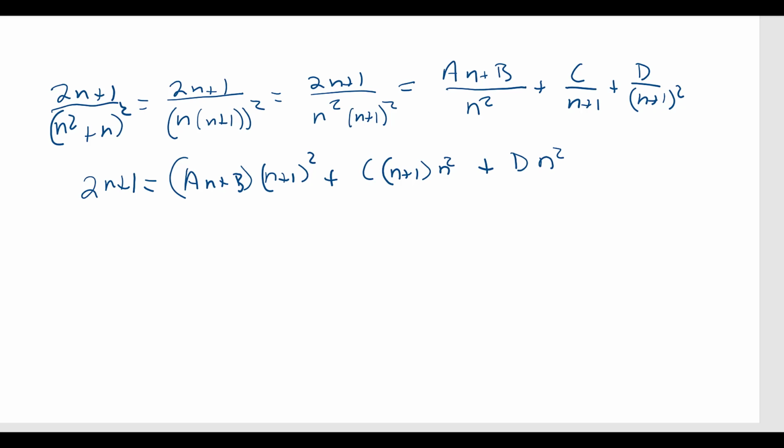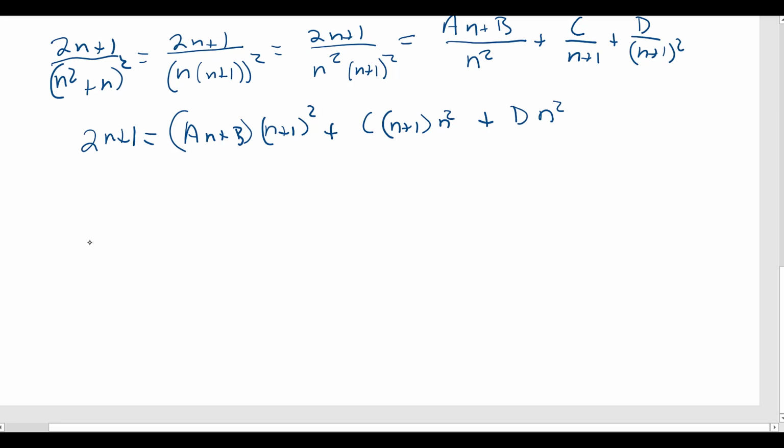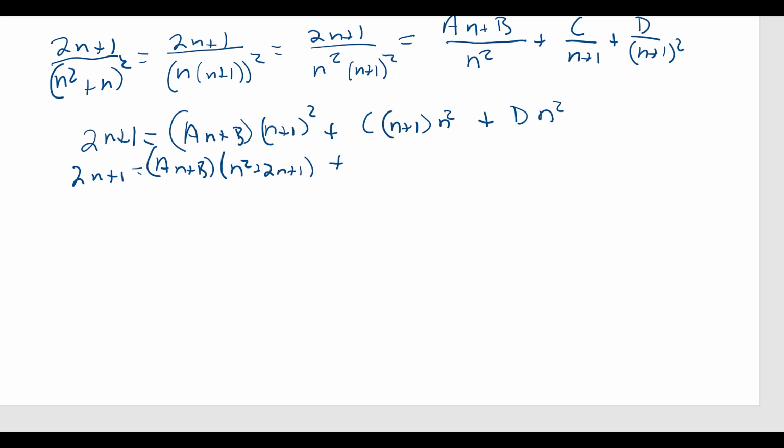Okay, I need to do a little bit of algebra here just to expand this. So we have 2n plus 1 equals an plus b times n squared plus 2n plus 1, plus here we have cn cubed plus cn squared, and then plus dn squared.